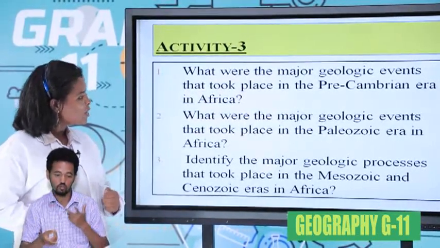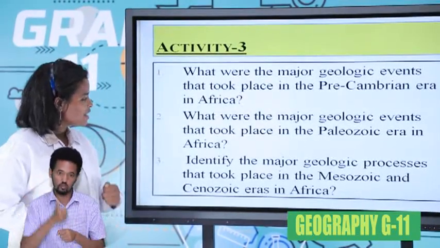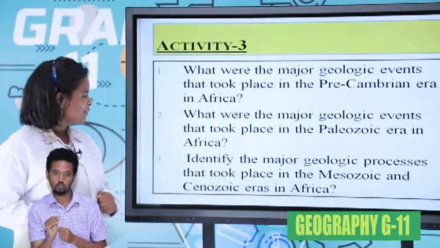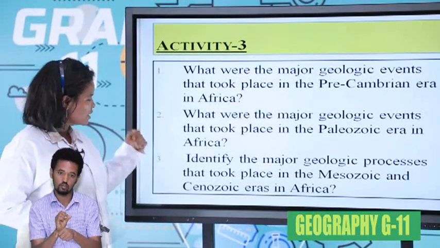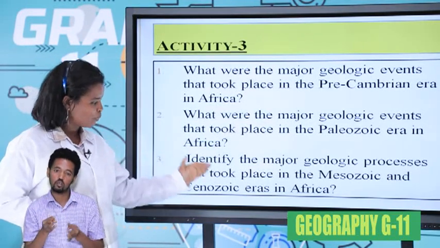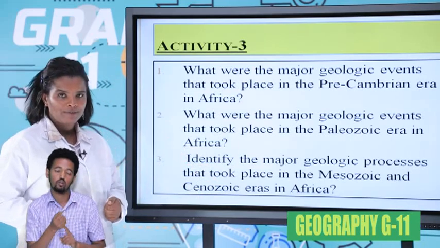Second question, what were the major geologic events that took place in the Paleozoic Era in Africa? The third question, identify the major geological processes that took place in the Mesozoic and Cenozoic Era.